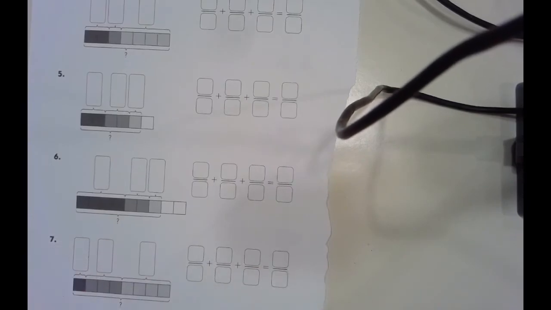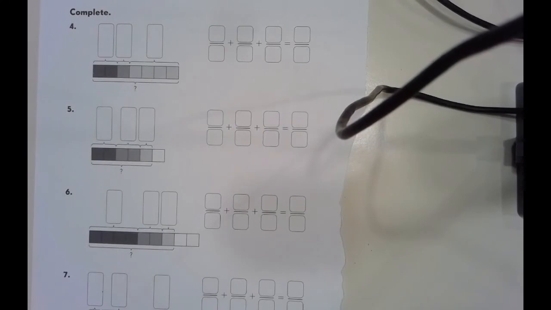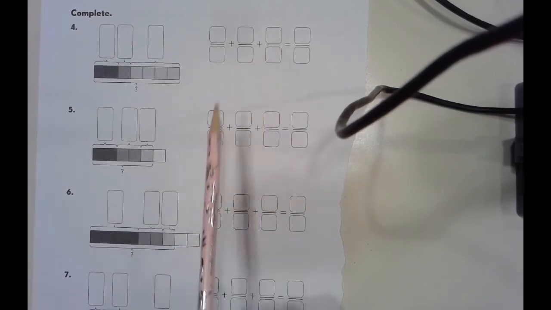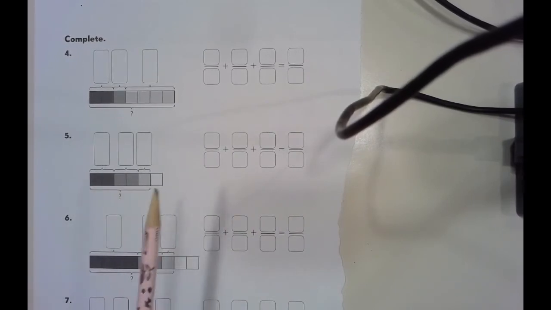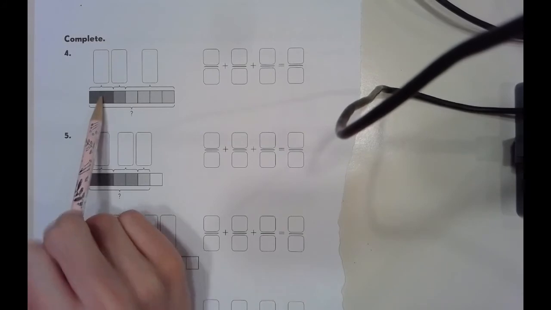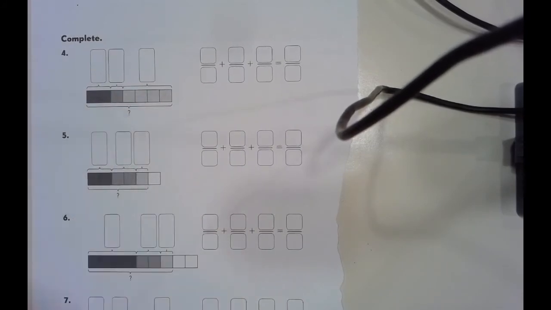One thing I want to mention is that on the back you will see that there are several problems where you have to add 3 things together. So maybe there are 3 friends sharing a candy bar, and this friend has this part of the candy bar, another friend has this part of the candy bar, and a third friend eats that part of the candy bar.